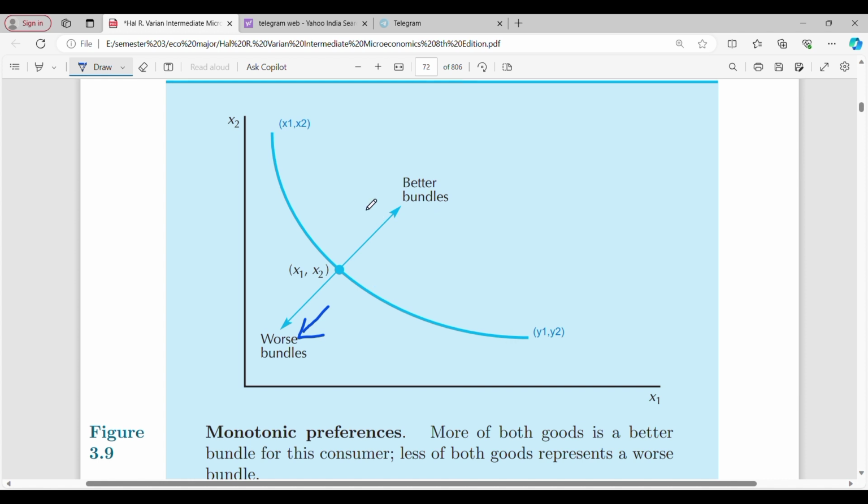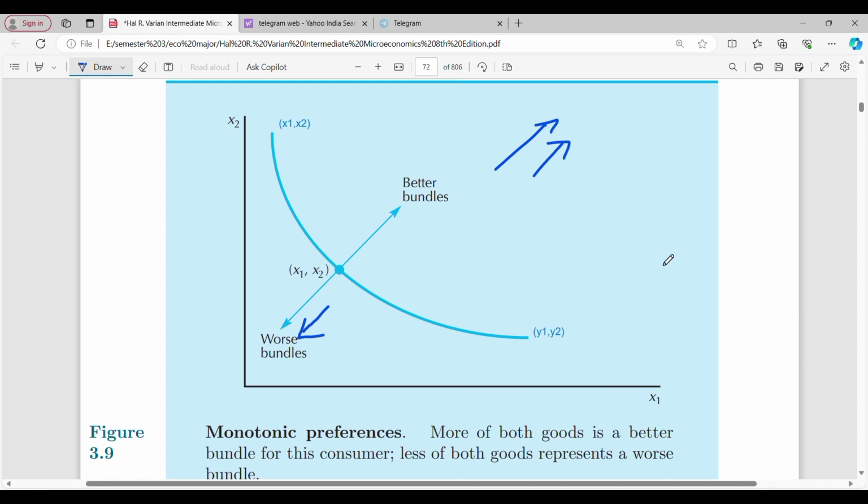And up and right means this part, a better position. So if we are moving along an indifference position, we must be moving either left and up or right and down. The indifference curve, the IC, must have a negative slope.